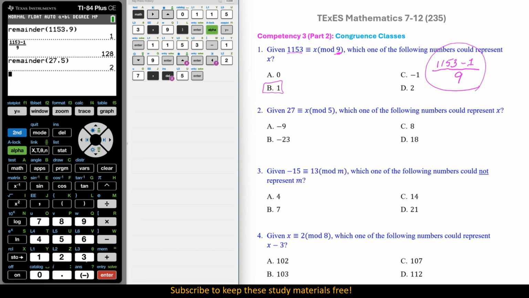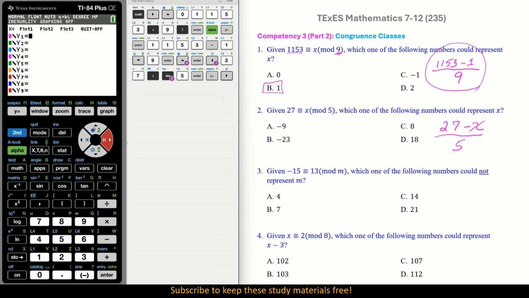We can approach it the way I have circled up here. We can put in our y1, and I'll do that for you in a minute. We can say 27 minus x all divided by 5, and then look for those even situations with our given. I'll show you. Let's talk about it when we do it.